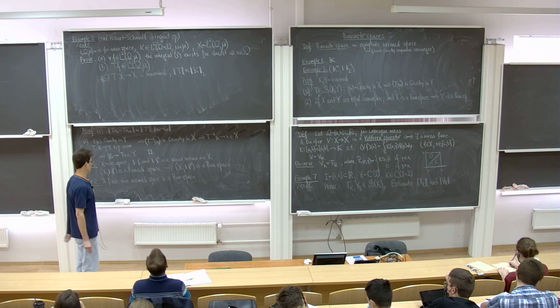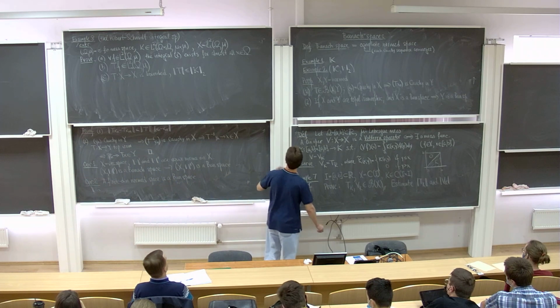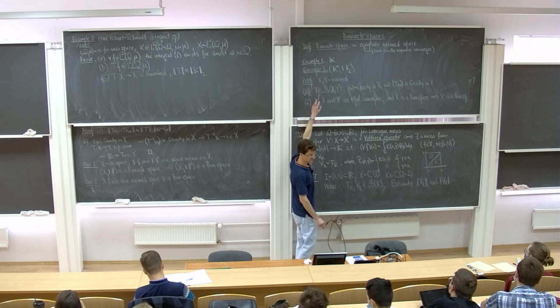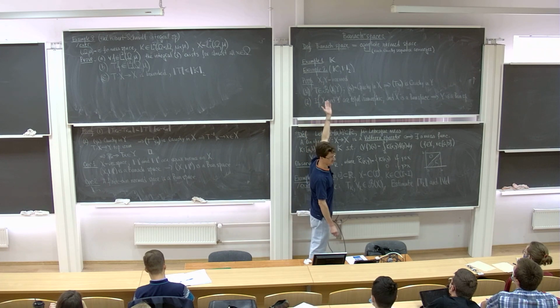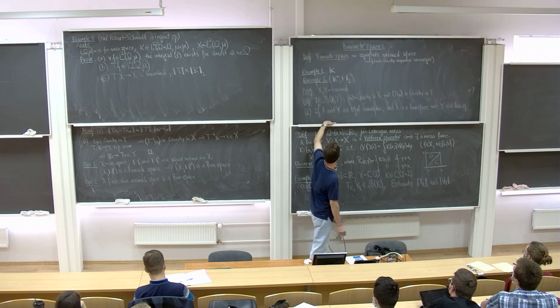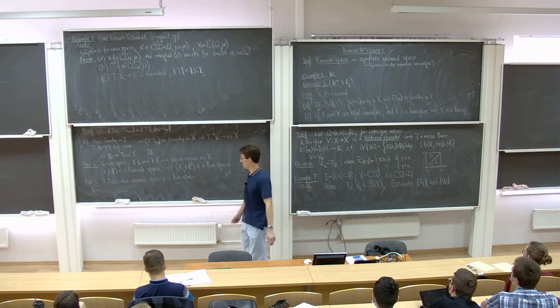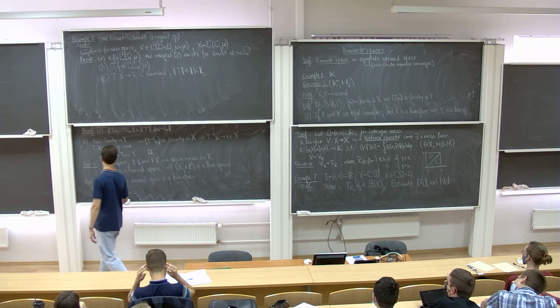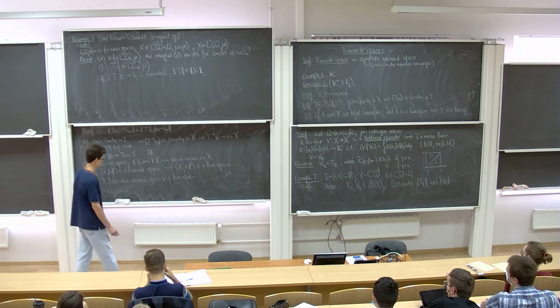So since our space is finite dimensional, we can assume that it is just K^n for some n. But we already know that there is a norm on K^n such that K^n is a Banach space, namely the Euclidean norm. And now corollary 1 implies the result. So a finite dimensional normed space is a Banach space.